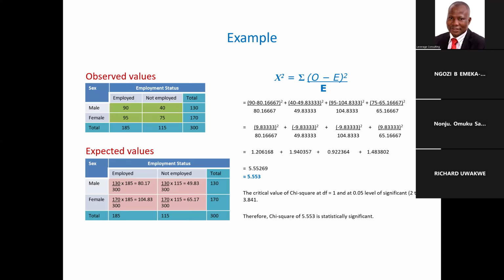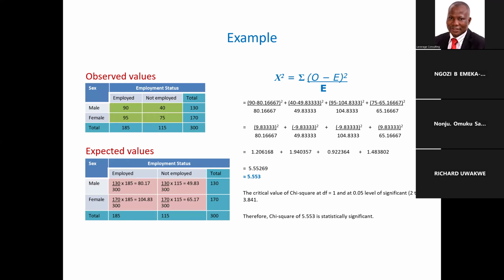But if you want to know how many, according to sex, it gives you 130 and 170. According to employment, 185 and 115. It's the same 300. So what you have in the green, 90, 40, 95, and 75, are the observed values. Those are what you observe.